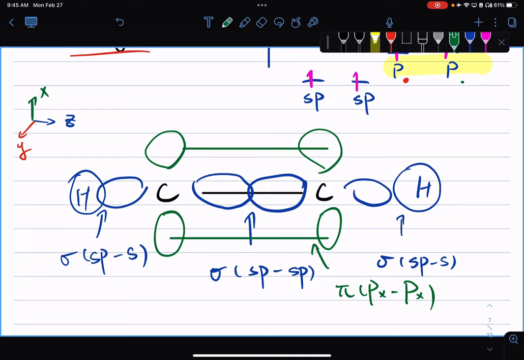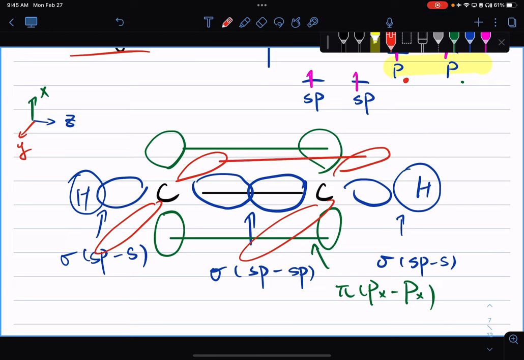But at the same time, you also have another singly occupied p atomic orbital. So that's like this. Everything in red here are my py. So everything in green is your first pi bond. Everything in red is your second pi bond.